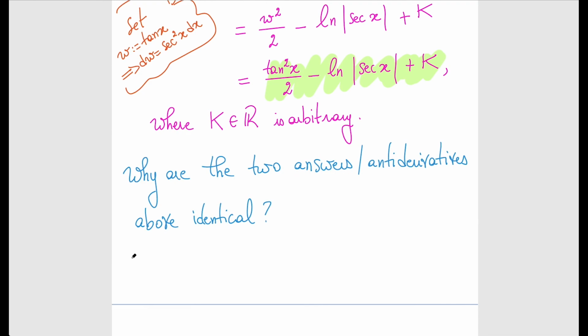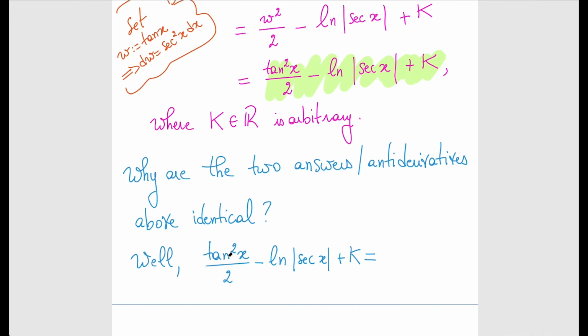Okay, so, tangent squared x over 2, this guy, minus ln of secant x in absolute value plus k, is the same as, what's tangent squared in terms of secant?